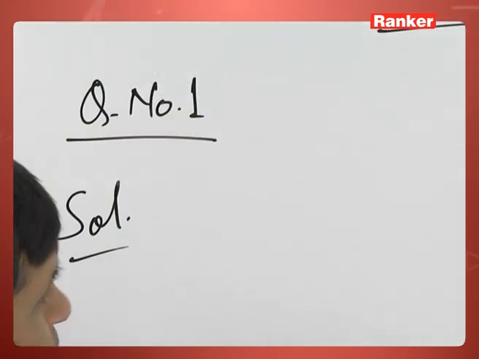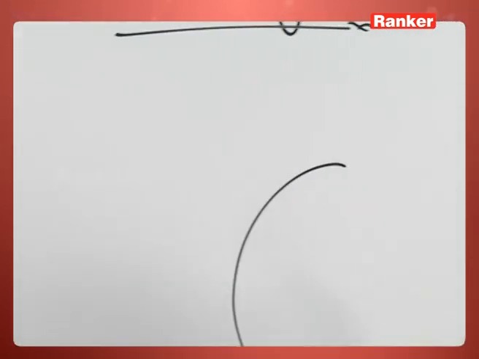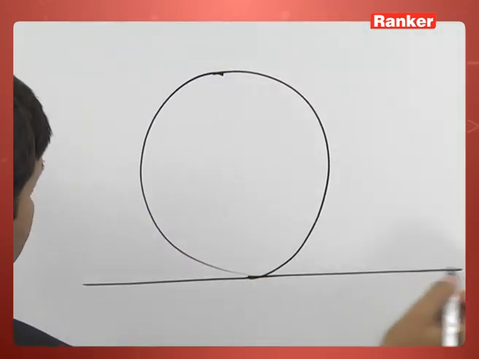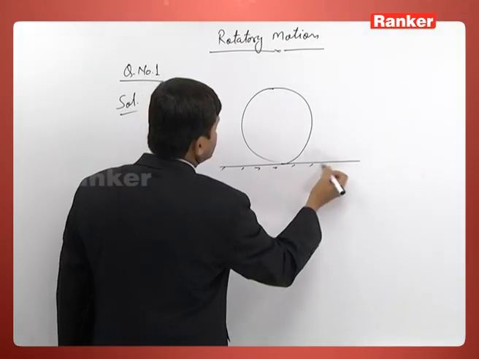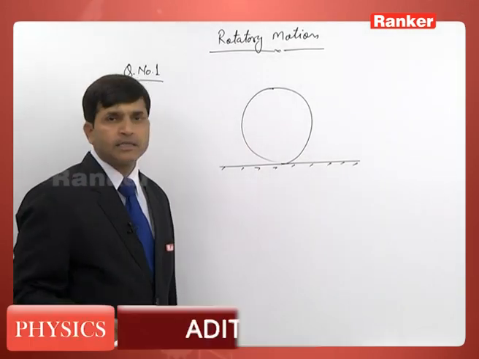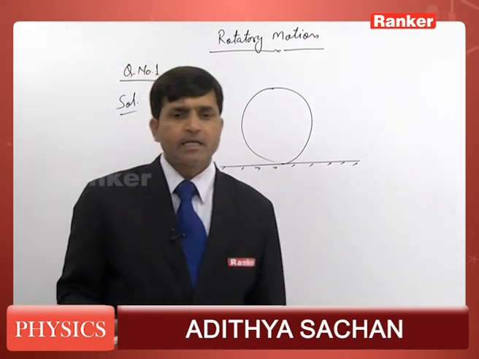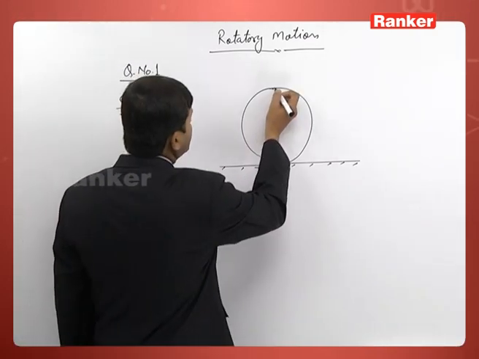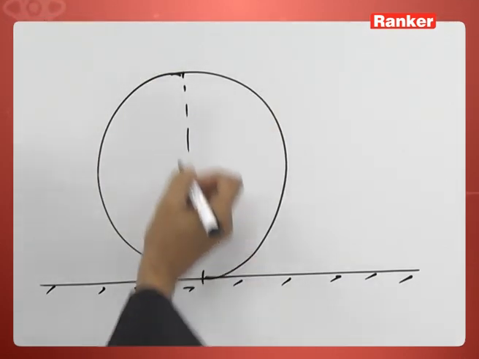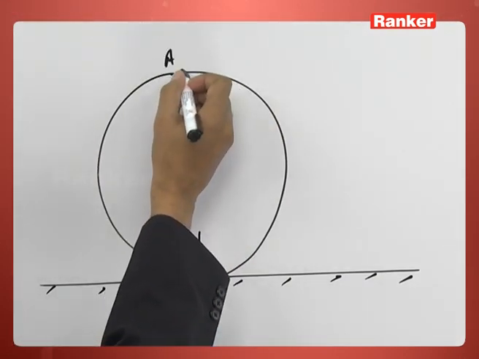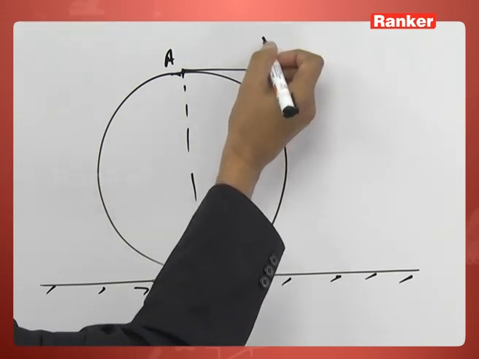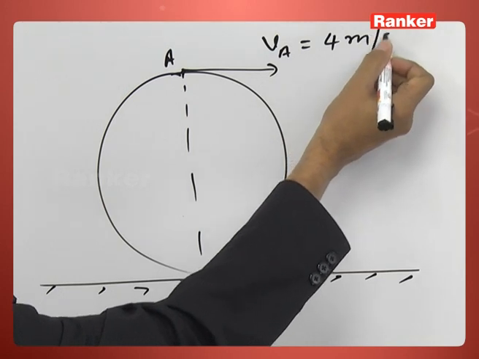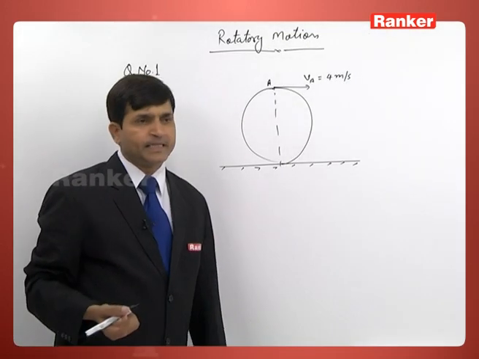In the question, our disc is given. This is the disc, kept on a smooth horizontal surface, and there are 2 points here, A and B. The point A is the topmost point, and it has velocity 4 meter per second.